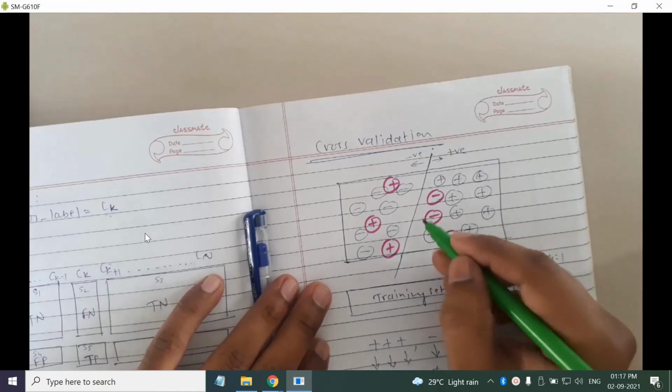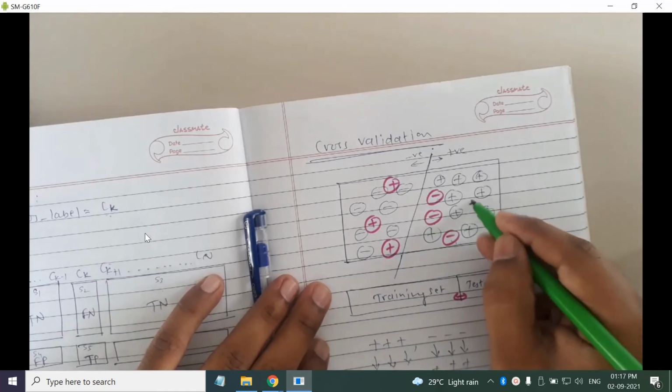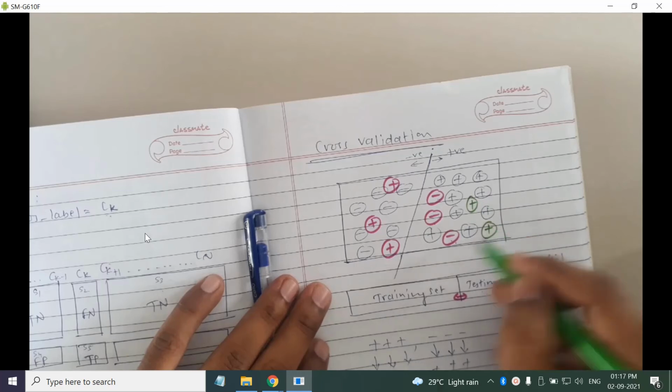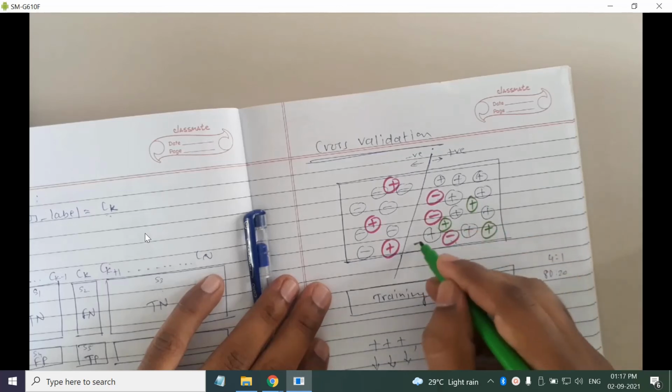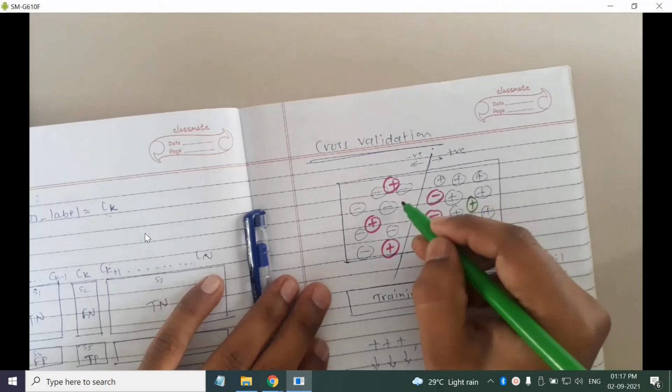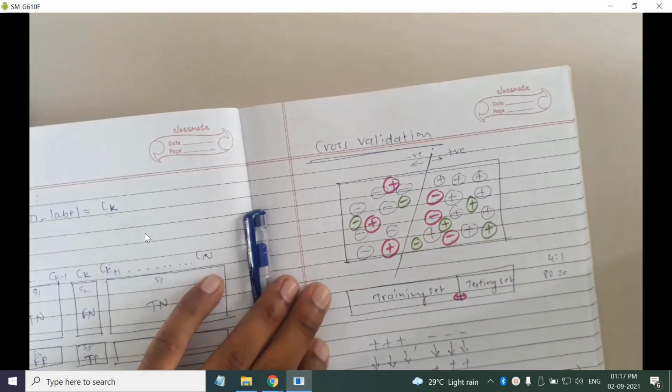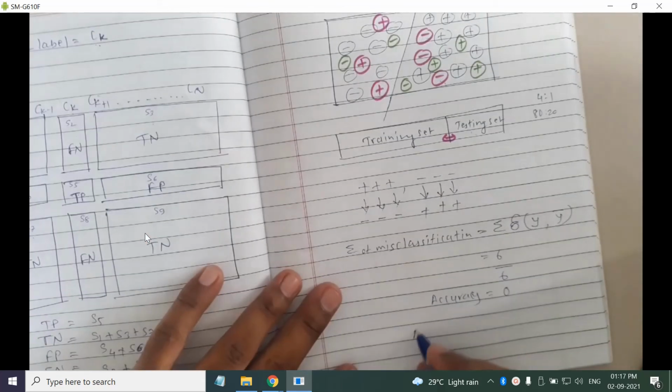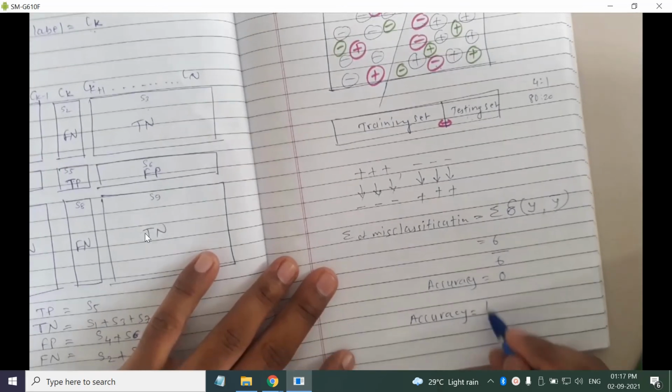My testing sets are, 1 wrongly classified and then negative. Now out of 6 only 1 is wrongly classified. So my accuracy in this case would be 1 divided by 6 multiplied by 100.